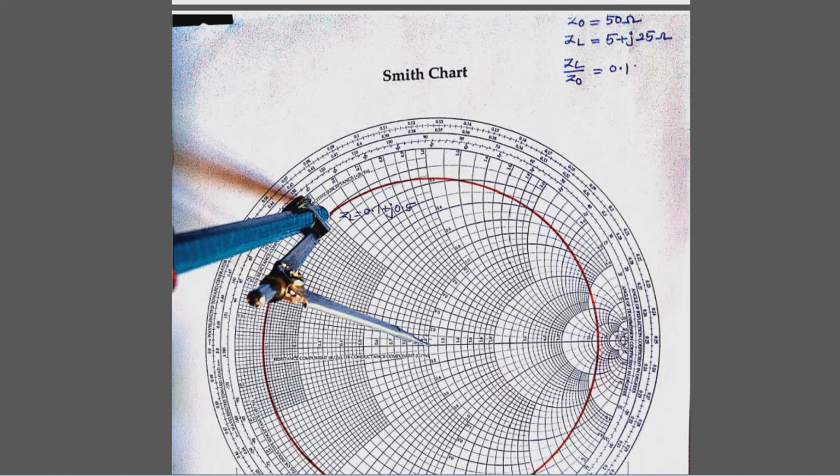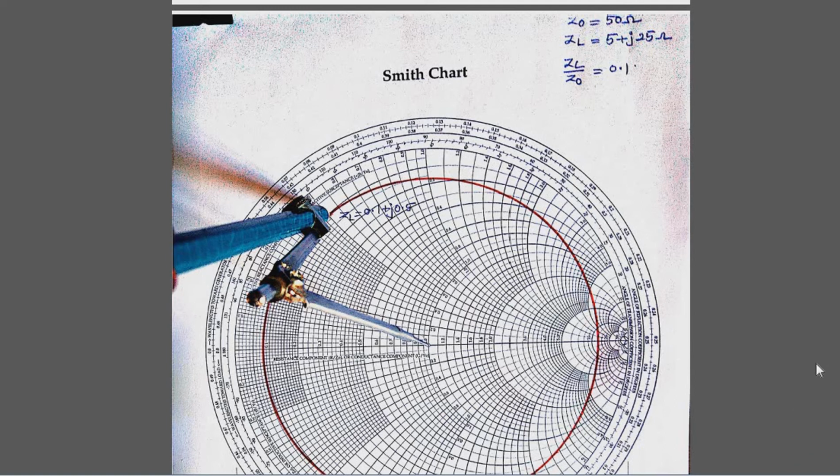This is the center. From the center to the point we marked here as ZL equal to 0.1 plus j 0.5, that length is going to be considered. With that radius we are going to make one circle here, which the red color will show you. With this radius, the distance between the origin and the marked normalized ZL, we are going to make an arc here.